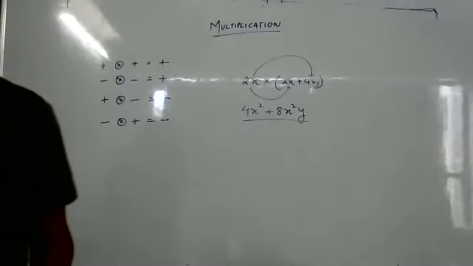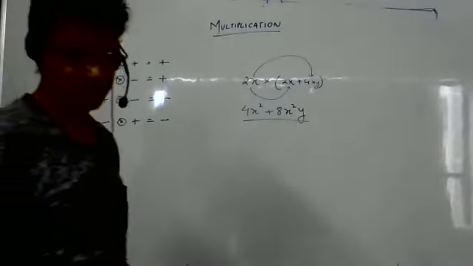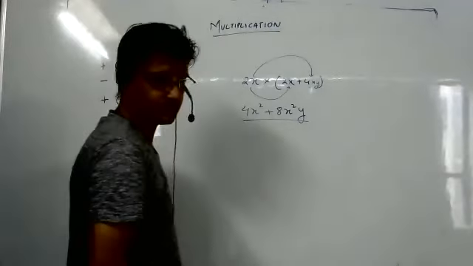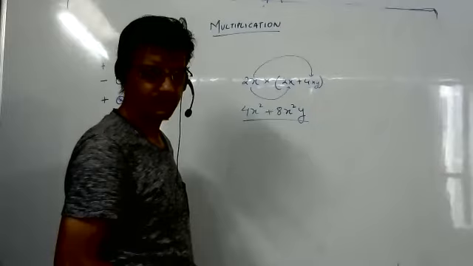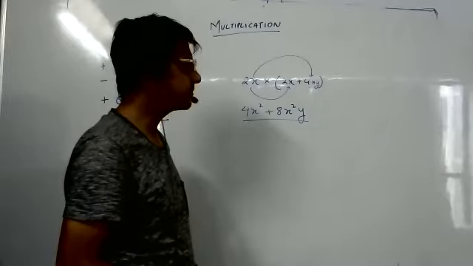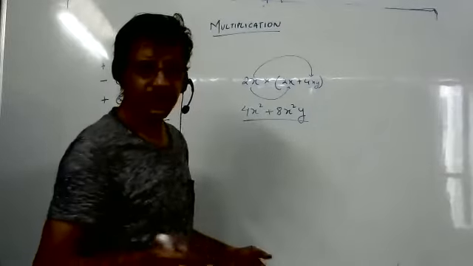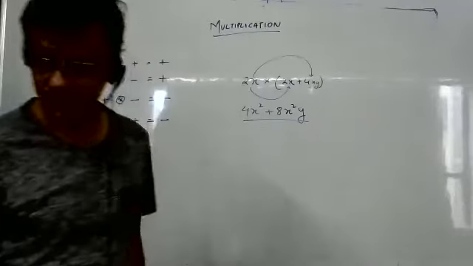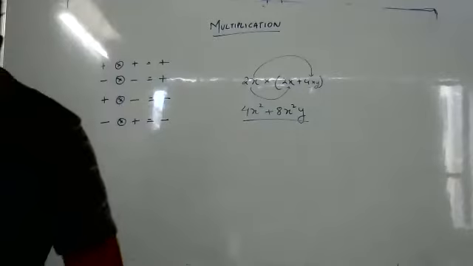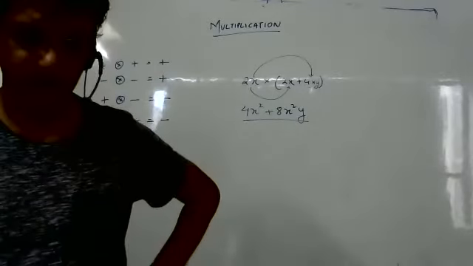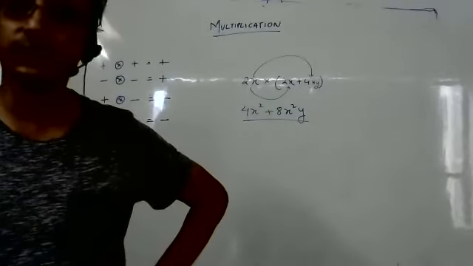Sir, I didn't understand that one. 4x square y, 6xz, 9 by 2 into yz. In that, I multiplied all the coefficients. What are all the coefficients? 4, 6, 9 by 2, and 4 by 3. So you multiply, what will you get? 144.